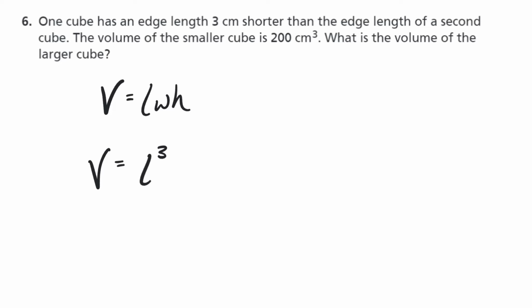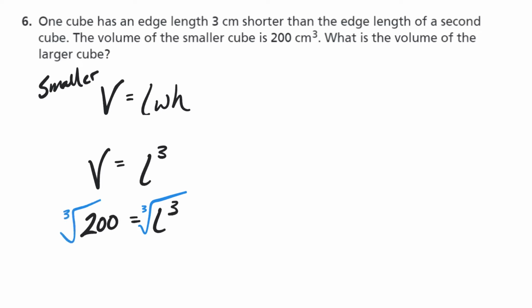So in this case, the smaller of the cubes has a volume of 200 square centimeters. So if we can find its side length, we can then work towards finding the larger one's side length. So we take the cube root of this number, and just so you know, those of you that are using a TI-84, where you find the cube root is under math, and then it is option number 4.